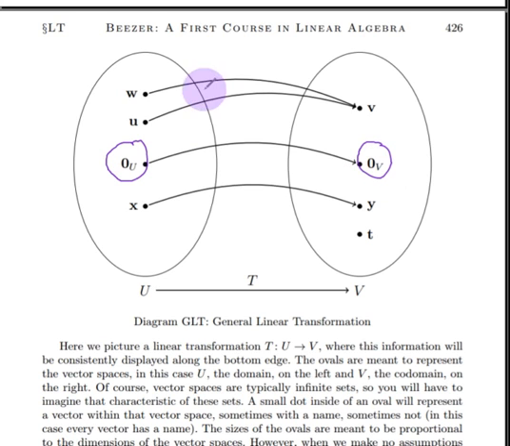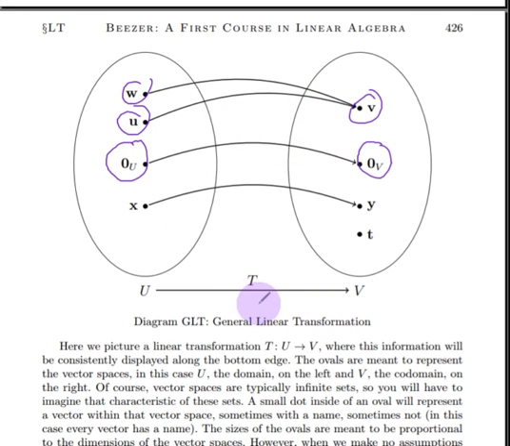And you always have elements of the domain going to elements in the codomain. And it's possible that 2 elements in the domain may go to the same element in the codomain. It's not possible for 1 element in the domain to go to 2 elements in the codomain. That's not possible because functions don't act like that. So this is a good way to represent what happens in general with the linear transformation.